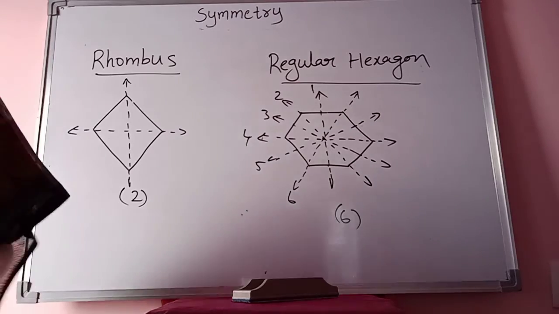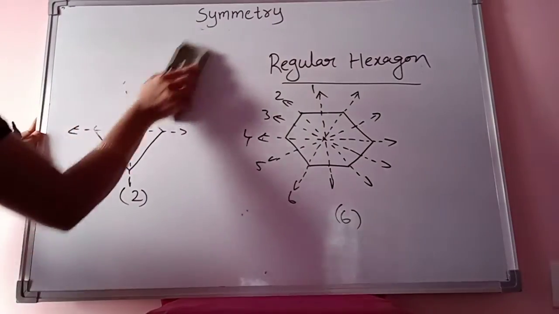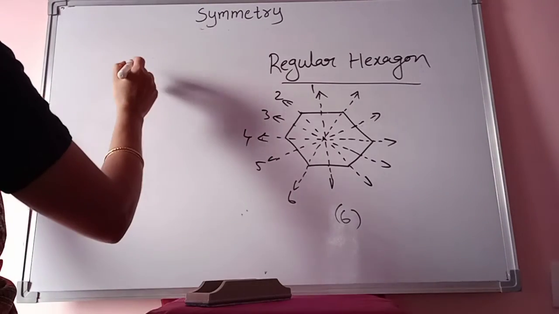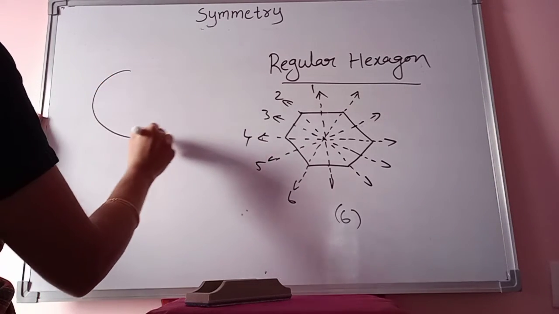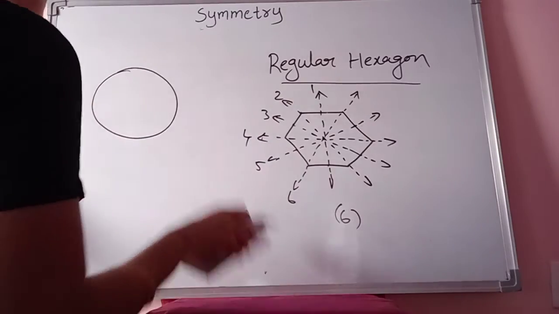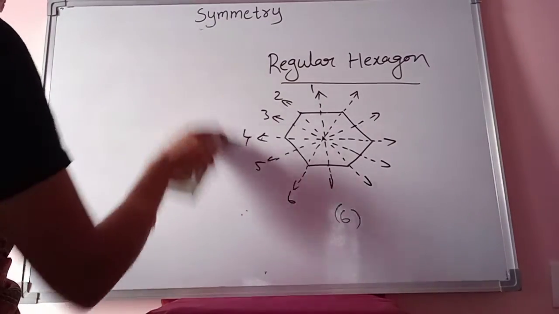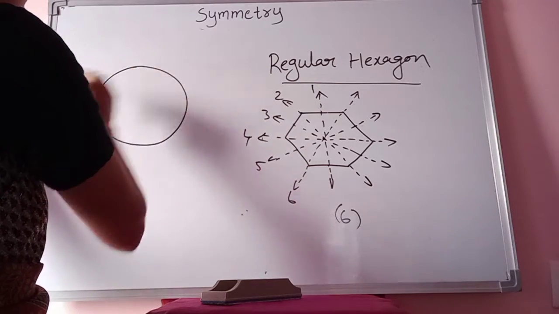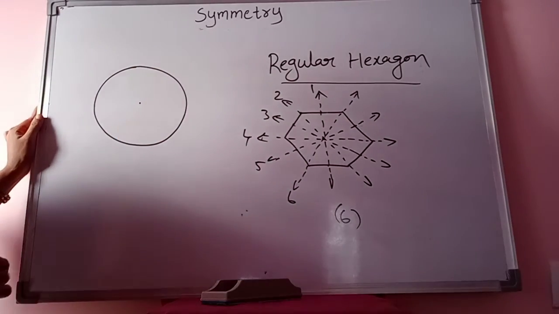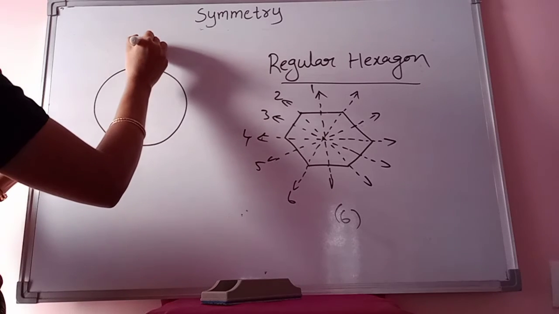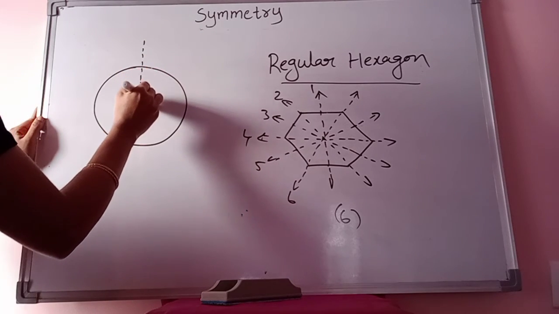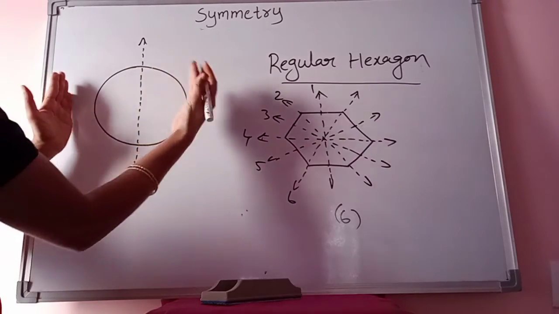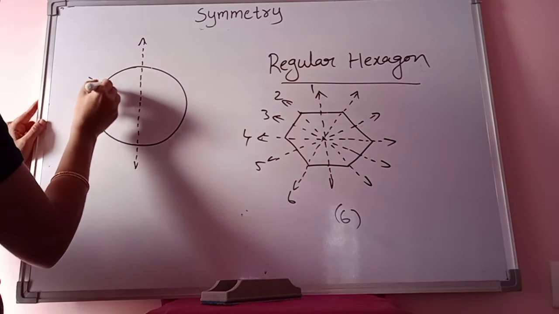Let's draw the circle. Children, I'll draw it better. Now let's assume that this is the center. This is one line of symmetry. If we fold, exactly they will match.